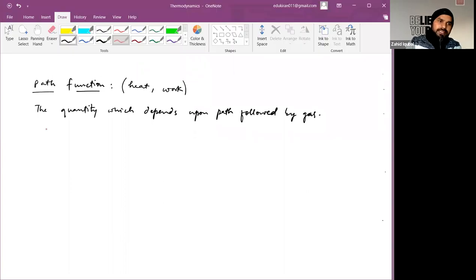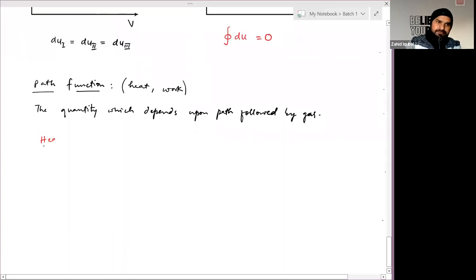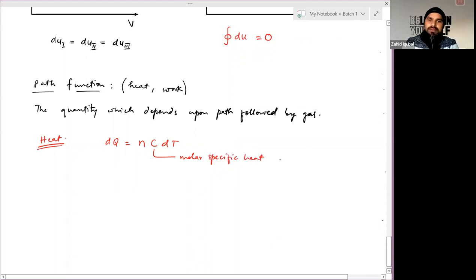So first is heat. For any different process, we may use dQ equals nC dT, where C is the molar specific heat constant related to that thermodynamical process.